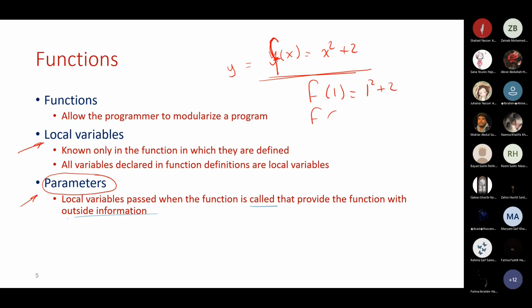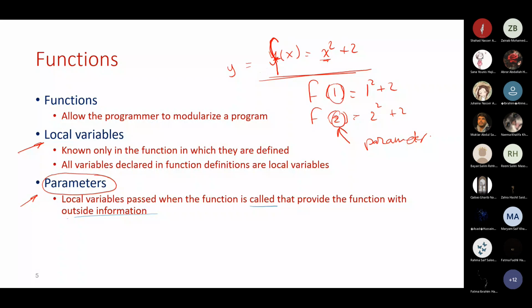F of 2 equals 2 squared plus 2. So here you can put any parameters. This is called parameters. So the parameter is the argument that you pass to the function, to replace the variable.